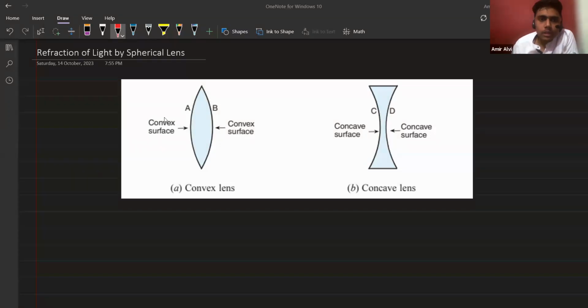Clear? So as you can see, if I draw a straight line between it, just a second.